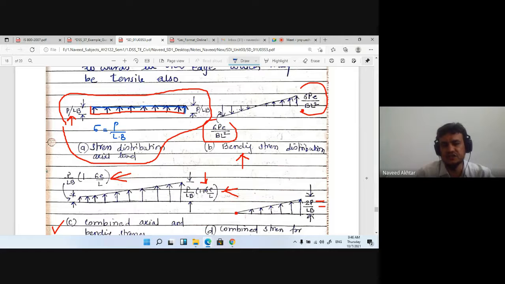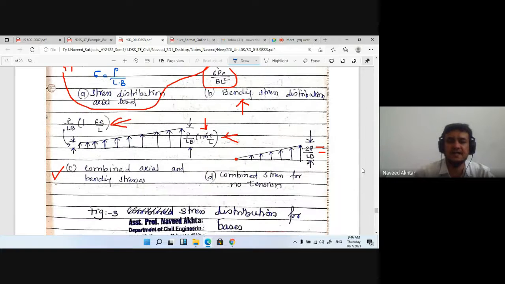But if bending stress is there in the distribution, one side you feel tension and one side you feel compression. On one side it is 6PE by BL squared and on the other side 6PE upon BL squared. That is the bending stress distribution if there is moment on the column.